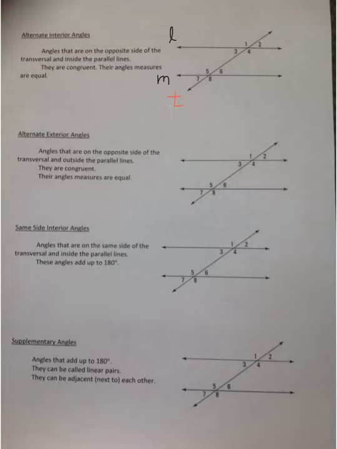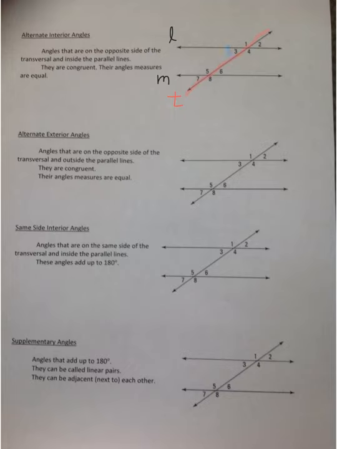Alternate interior angles are another pair of special angles. They are angles that are on the opposite side of the transversal. Remember, here is your transversal. And they are inside the parallel lines.